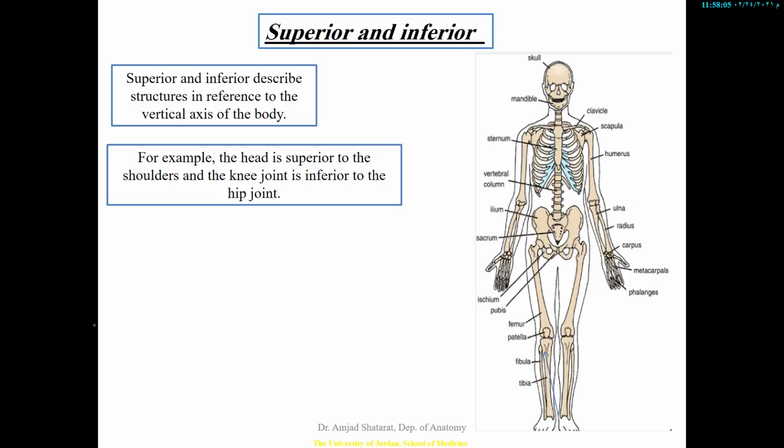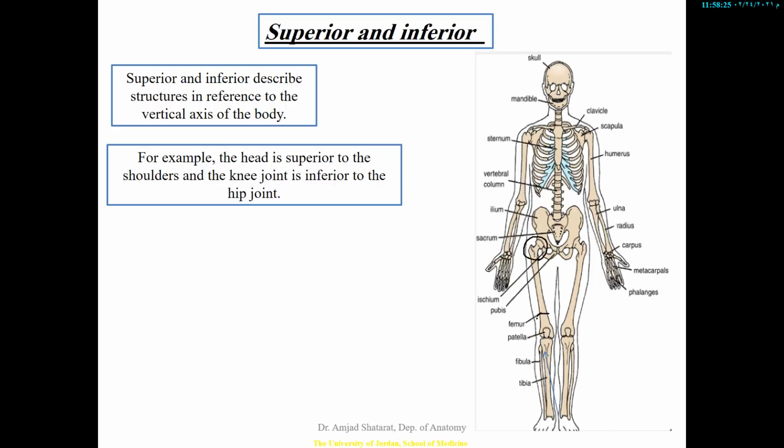It is obvious that the skull or the head is superior in the anatomical position and the feet are inferior. Also, superior and inferior are relative terms. For example, although the femur is in the lower limb, it has this part.